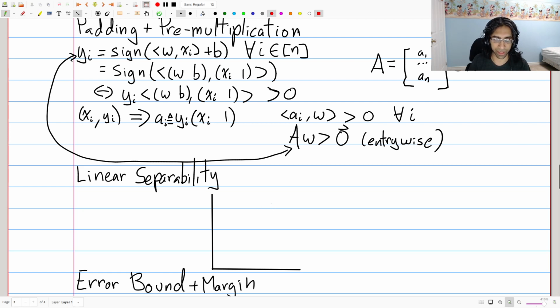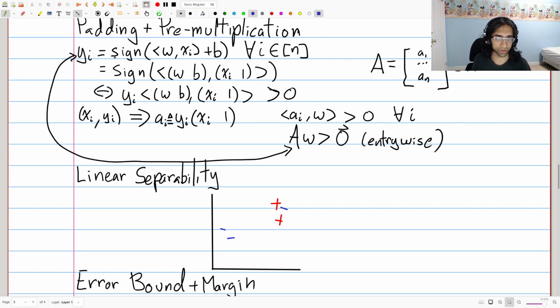But you can imagine, for example, if you had some pluses over here, and then you had some minuses here. And then what if you had a minus over here, on the other side? In this case, it turns out that there is no way to draw a linear separator which will separate the plus points and the minus points.